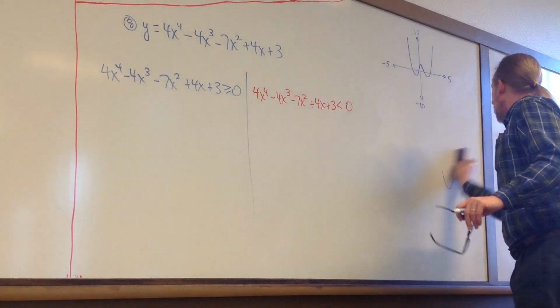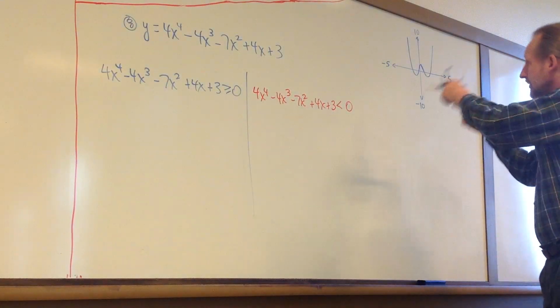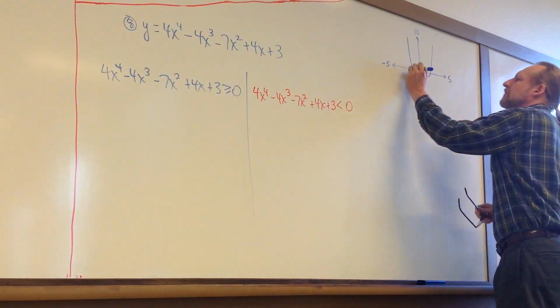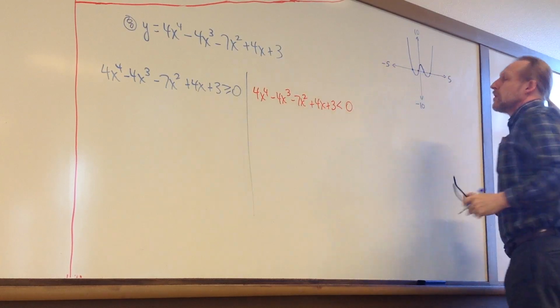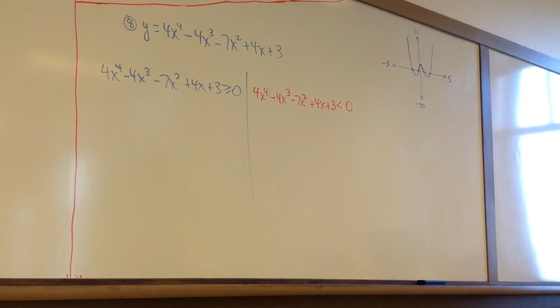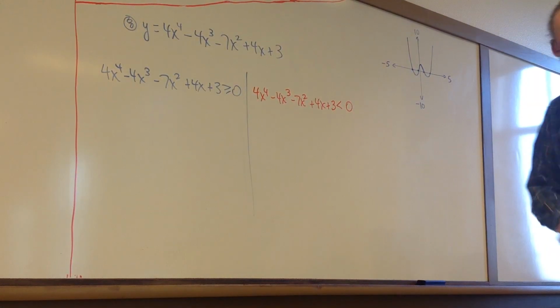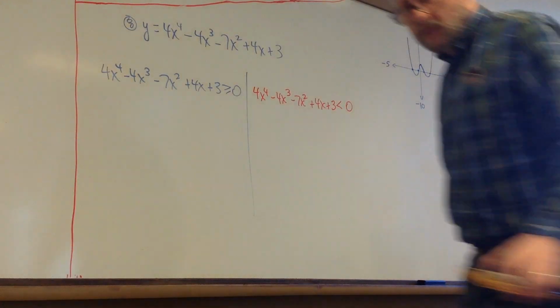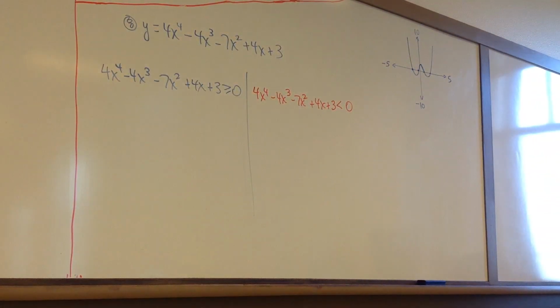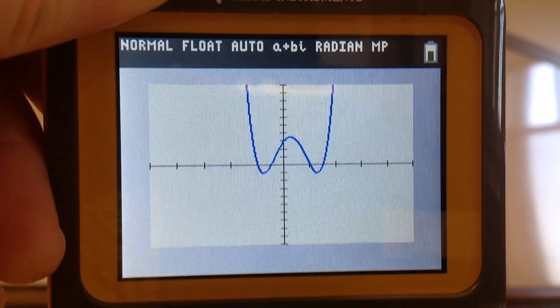Okay, so we need to go in and find these roots. 1, 2, 3, 4. So, one thing you can do is if it looks like some of these roots are on whole numbers, well then you can go into the table and see whether or not there are any whole numbers that give you a y value of 0.